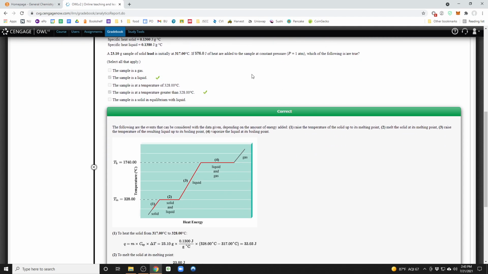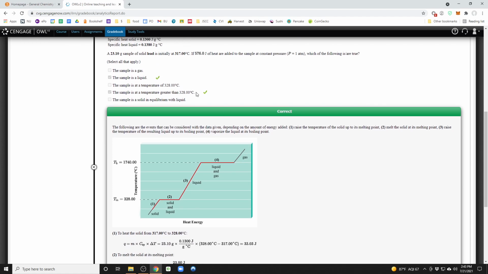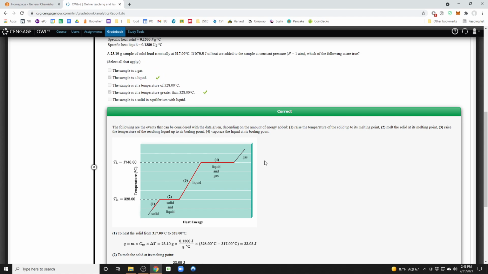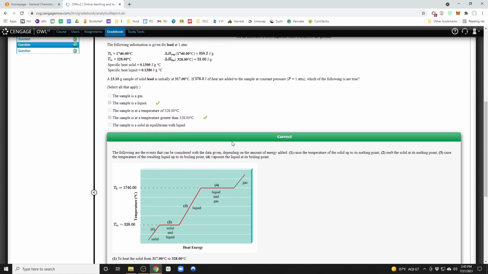Notice that we had energy left over. The fact that we still have energy left over means that we have to be above our melting point. If we did not actually accomplish the entire solid to liquid phase transition in this second step and still have a little bit of energy left over, we would have stopped exactly at 328 degrees Celsius.